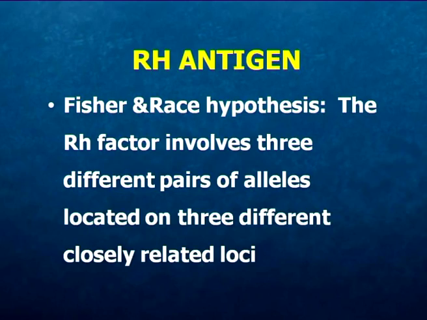All genotypes with capital R, that is the dominant allele, form Rh positives, and the double recessive small r forms Rh negatives. So, according to Fisher and Race, 3 pairs, and according to Wiener, 8 alleles.